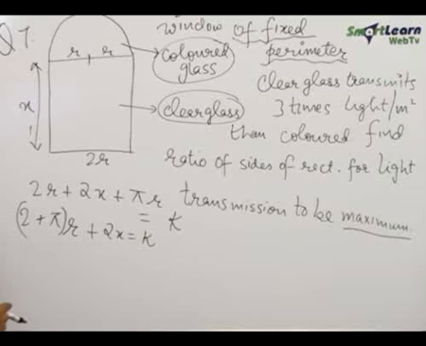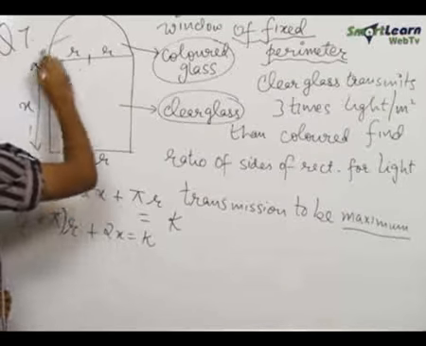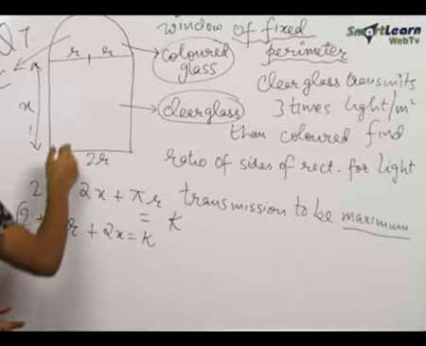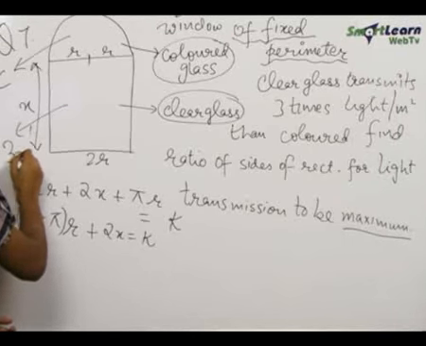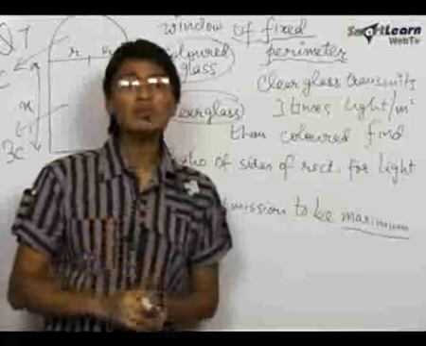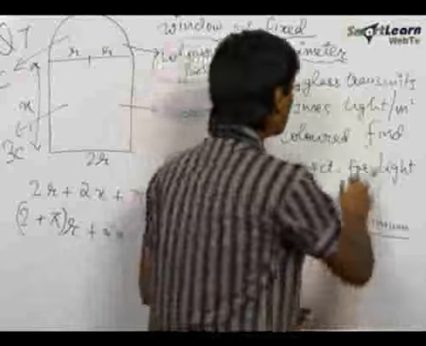Now if we consider the light per unit area for colored glass to be equal to C, then the light per unit area for clear glass will be equal to 3C, because it is given that the clear glass transmits 3 times more light per unit area than the colored glass.